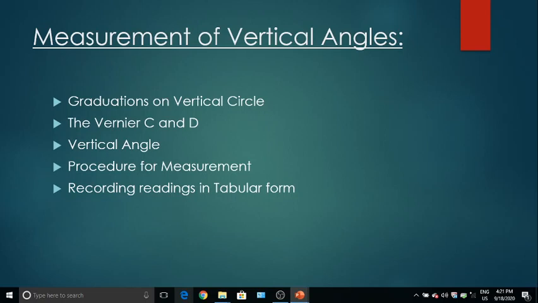And there are two types of instrument: instruments with only one altitude tube, and in some theodolites, you will see two altitude bubble tubes. One is exactly over the telescope, and the other is over the vertical circle index frame.